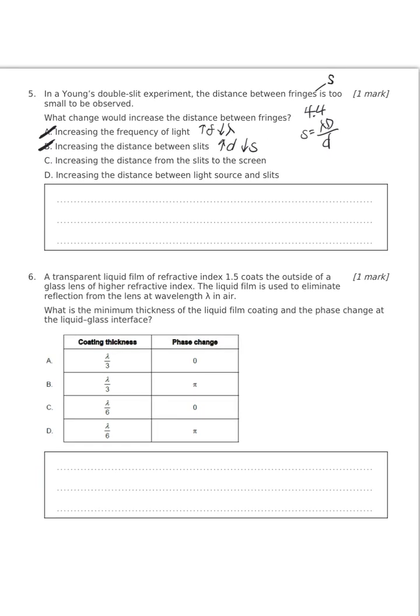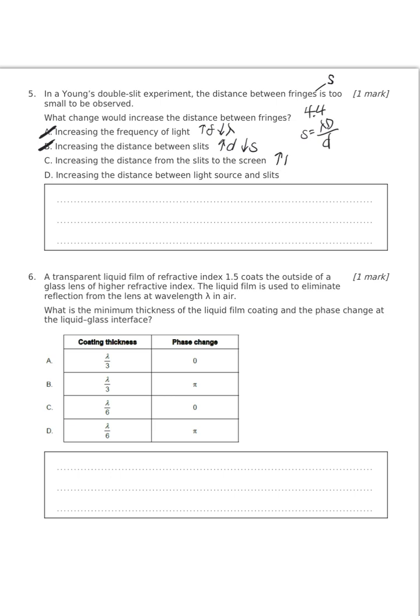Increasing distance from slits to screen, that is big D, the capital D. By increasing capital D, I increase S. That seems to be a good thing. I can see that they are directly proportional.